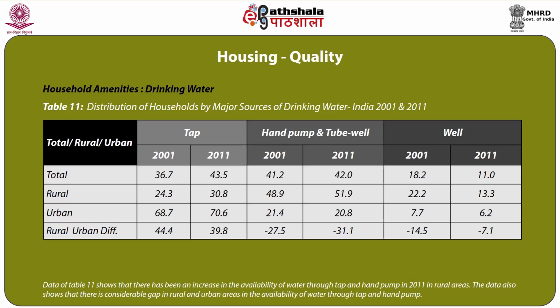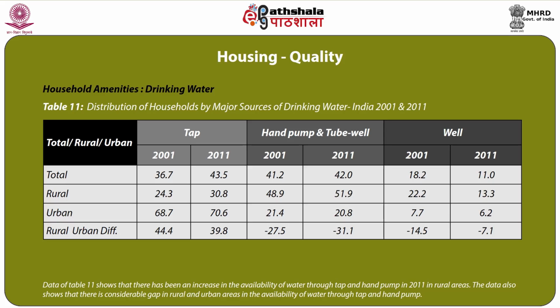In case of rural areas, the percentage has increased from 24.3% in 2001 to 30.8% in 2011. The urban-rural differentiation is 44.4% in 2001, while in 2011 it is 39.8%. Overall, data of table 11 shows that there has been an increase in the availability of water through tap and hand pump in 2011 in rural areas.